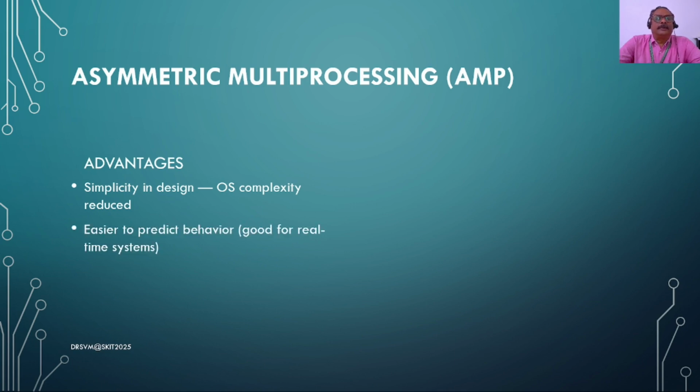Easier to predict the behavior, good for real-time systems because we are working with only one CPU, and the overall performance of that CPU is easily predictable, and hence the prediction can be done at a faster rate. Then it is efficient for fixed task systems like embedded controllers and all that.